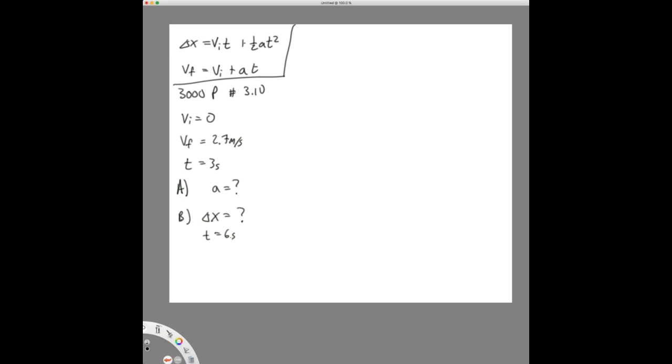So what happens in part B is it's asking a question about a different time interval from part A. So we have to be careful and think of these as V initial for part A, V final for part A, T for part A, and acceleration for part A. Then when we go to part B, we can put B's to keep our symbols straight.